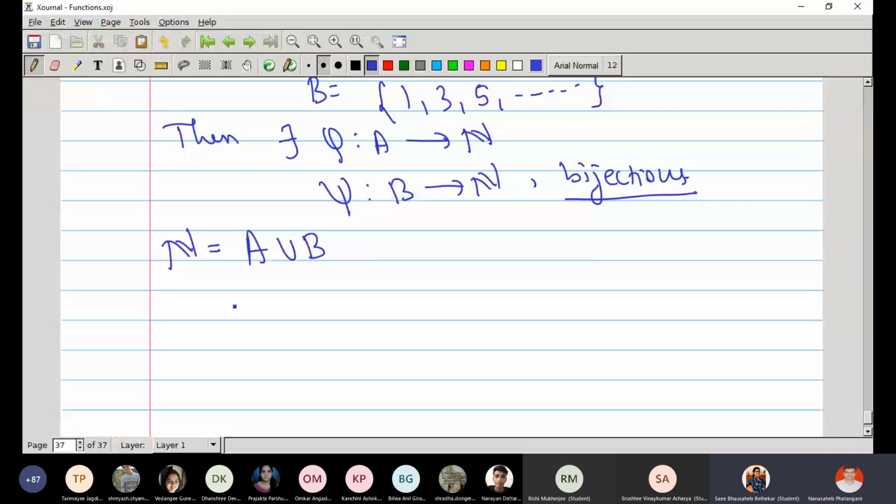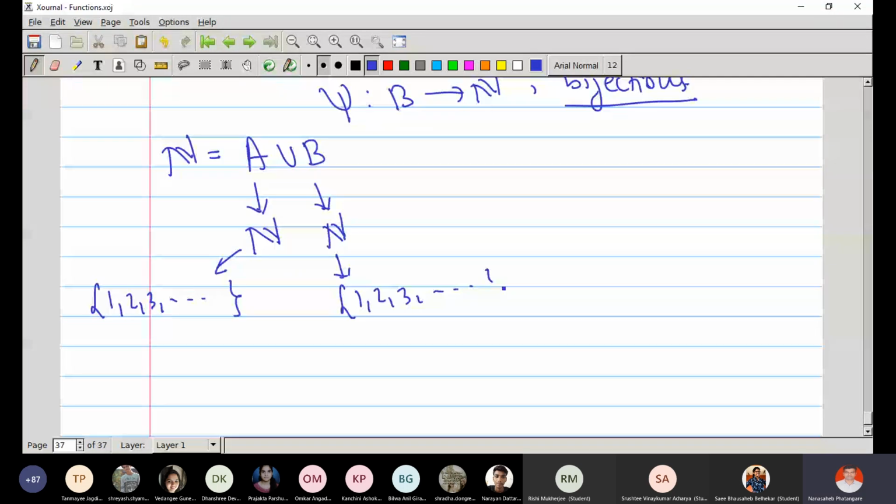Now, from what we discussed so far, there is a bijection from this to this, and there is a bijection from this to this. Just observe this picture. This is 1, 2, 3, and so on. And this is also 1, 2, 3, and so on. Now I will consider another set.